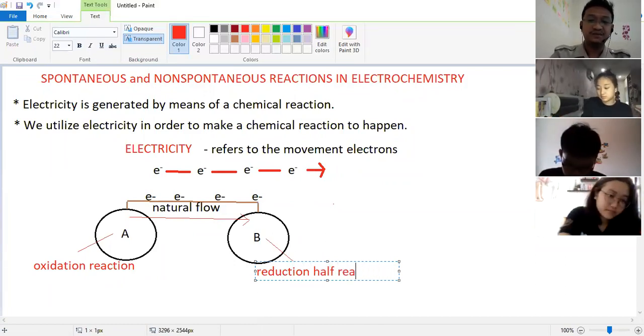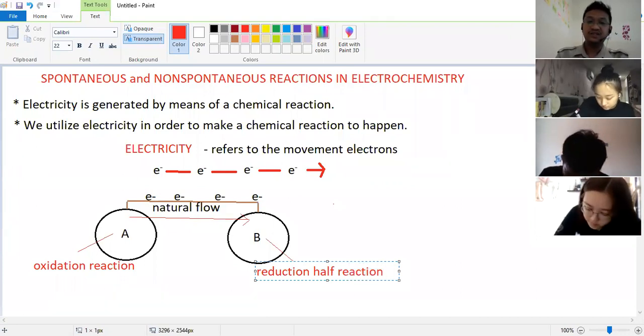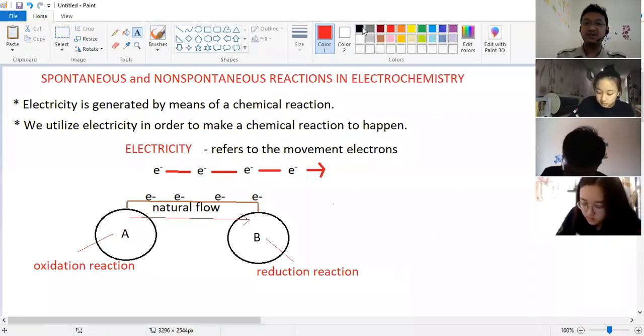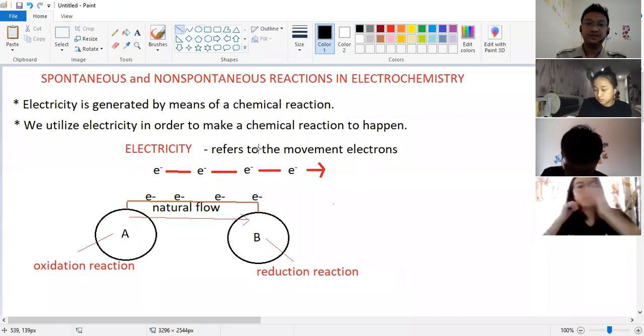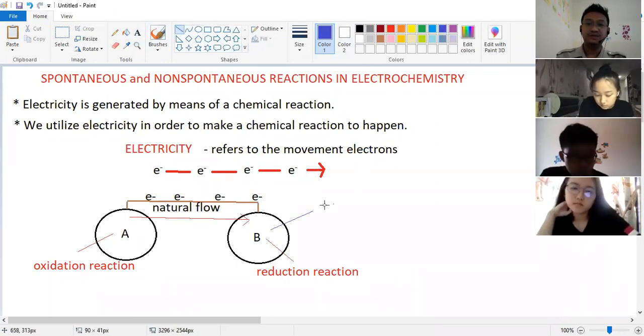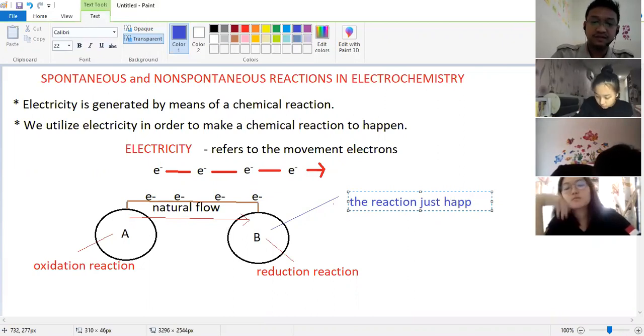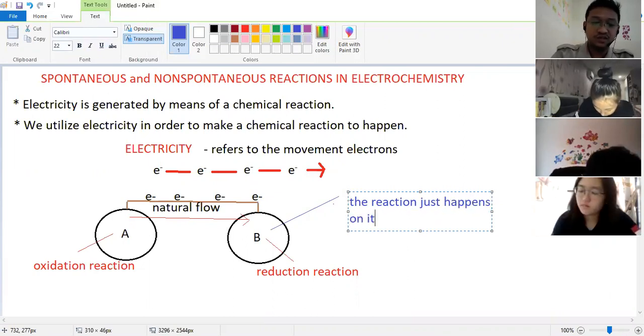Now, these reactions, oxidation and reduction, just happen on their own. Things just happen on their own.